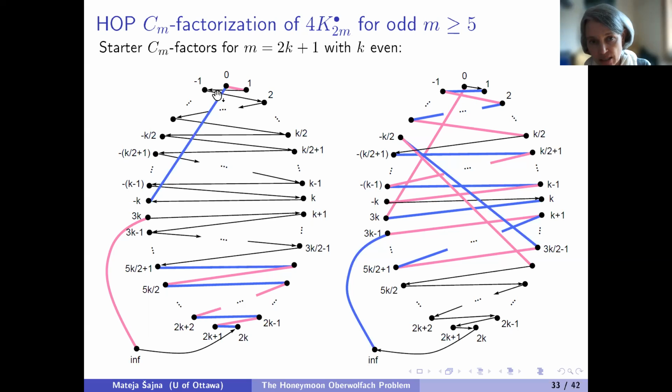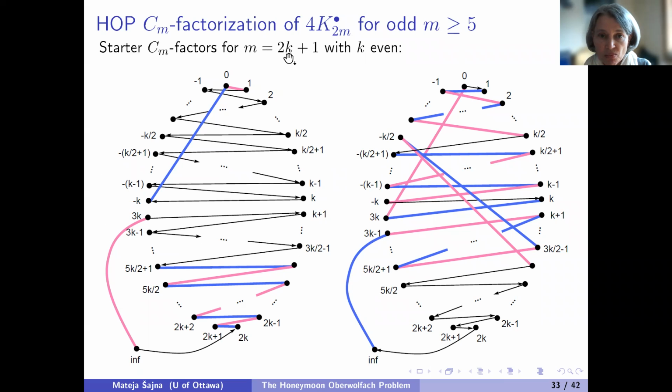If we look at difference infinity, for example, here's pink, here's blue, there is black oriented towards the infinity vertex and black oriented away from the infinity vertex. So that means that when we rotate each of these starters, we will cover each edge exactly 4 times: pink, blue, black forward, black backwards.